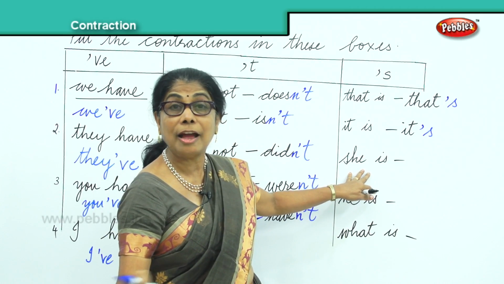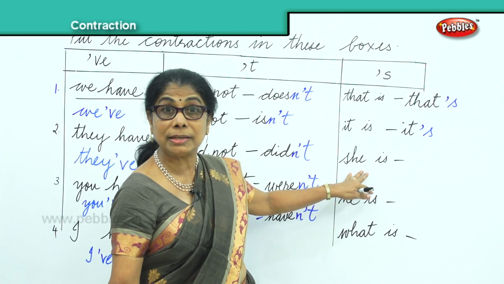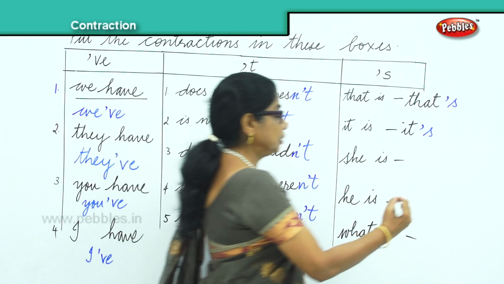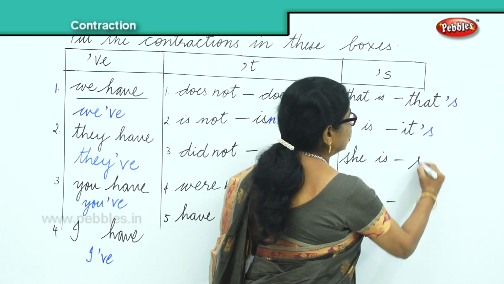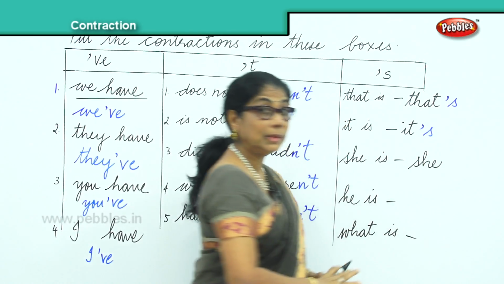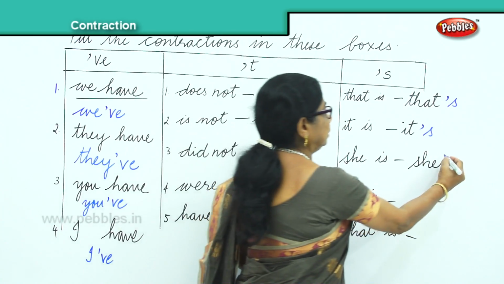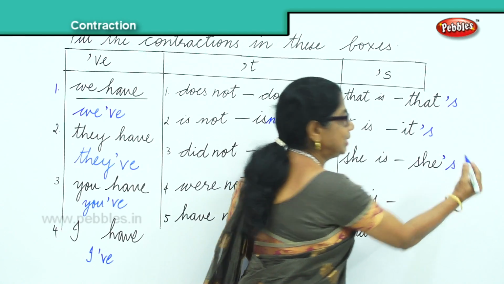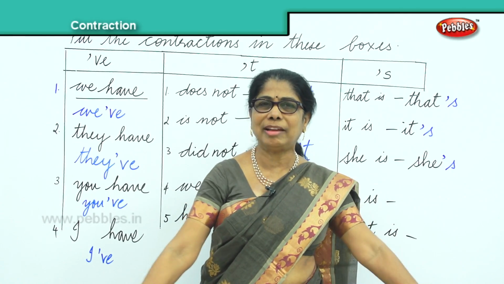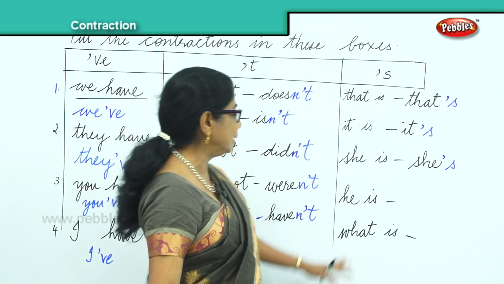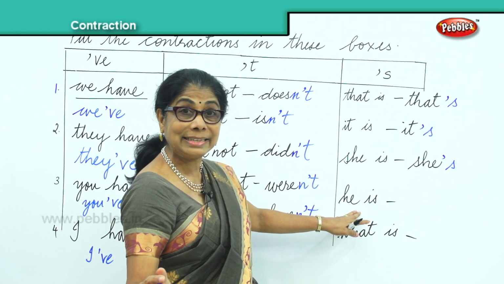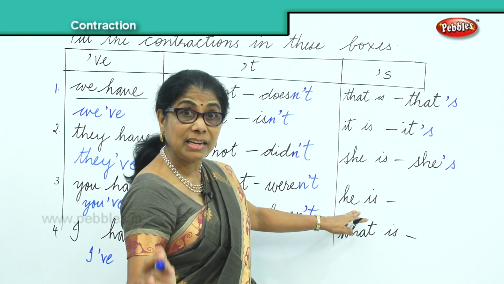She is a very honest girl. She is. She is a good girl. She is. She comes regularly to class. She is. He is a good painter. He is.